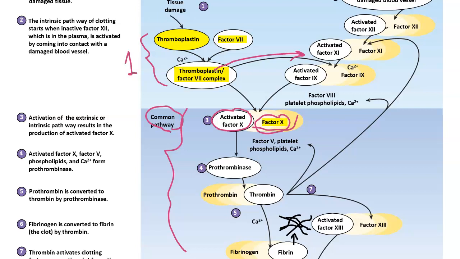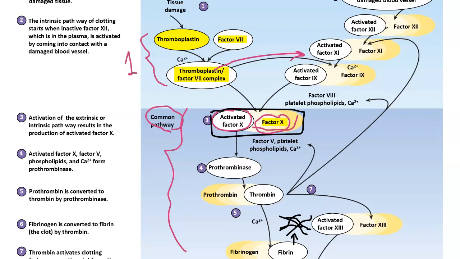What do you need to know from here? What you need to know is that the beginning of the common pathway, the end of the extrinsic and intrinsic pathways, is going to be the activation of factor 10.